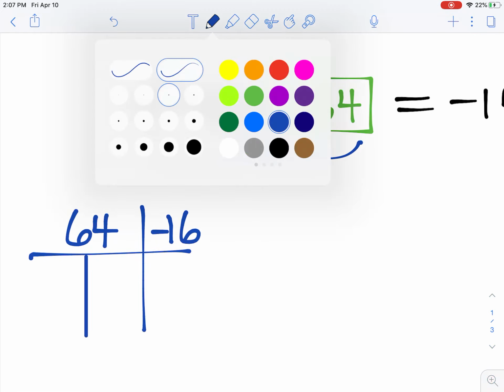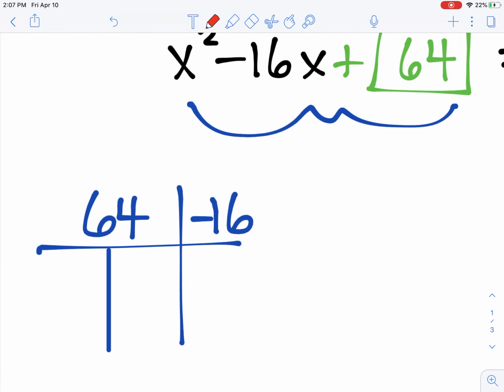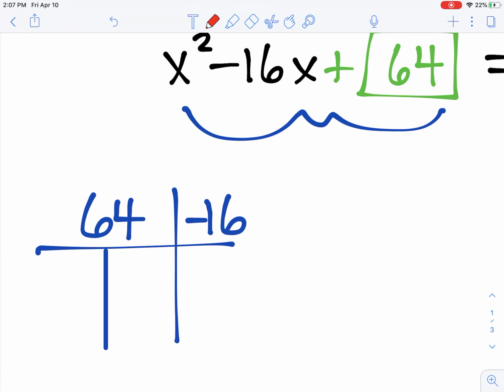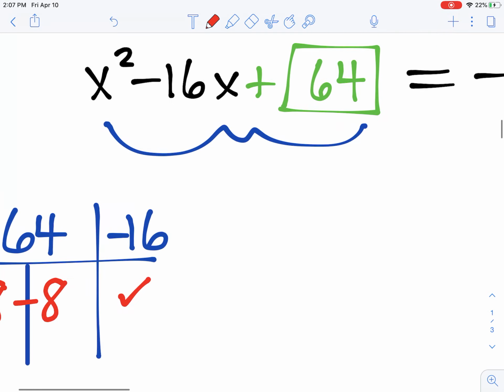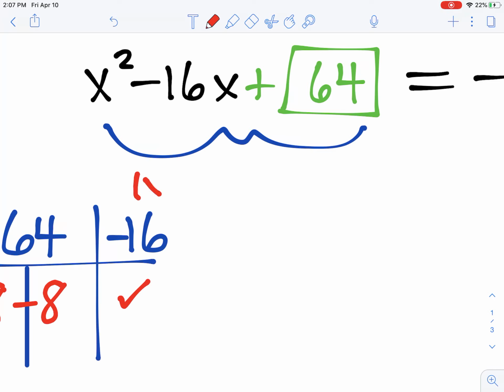You could write all these out. However, hopefully you get to the point where you notice that when you're doing this, your goal is to find two numbers that are the same, because the whole purpose of completing the square is to create something where this is the case. Now, sign-wise, since it's a positive 64, we need both of these to be negative to get our negative 16, which means this technically factors into x minus 8 times x minus 8.